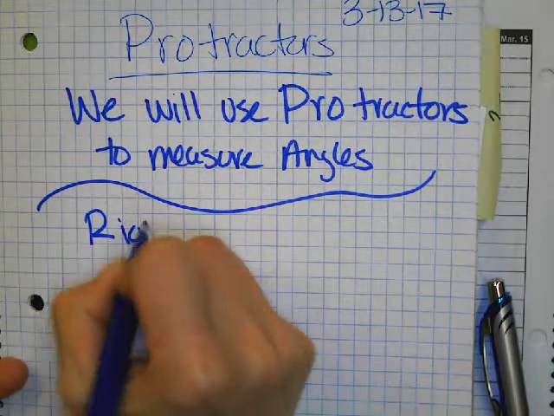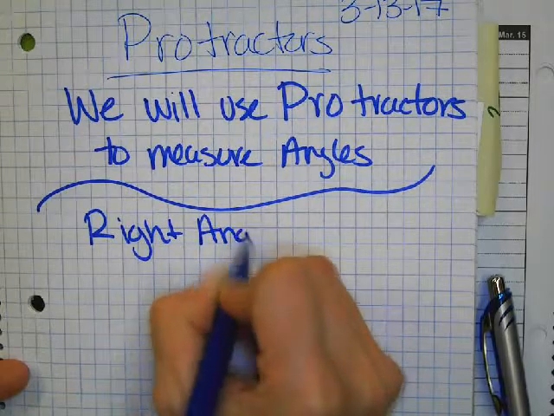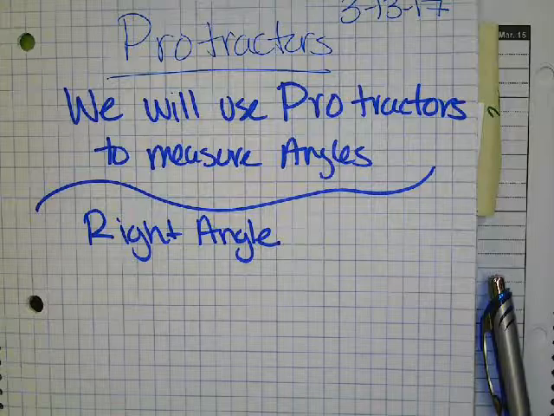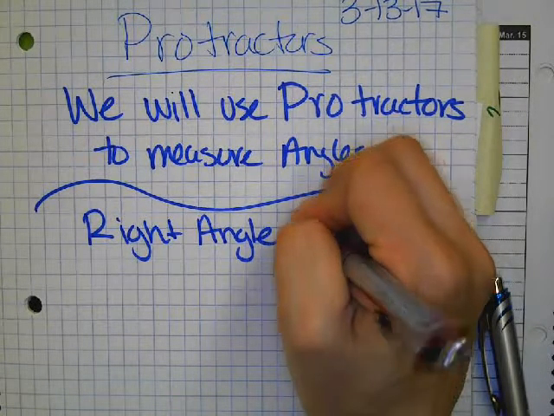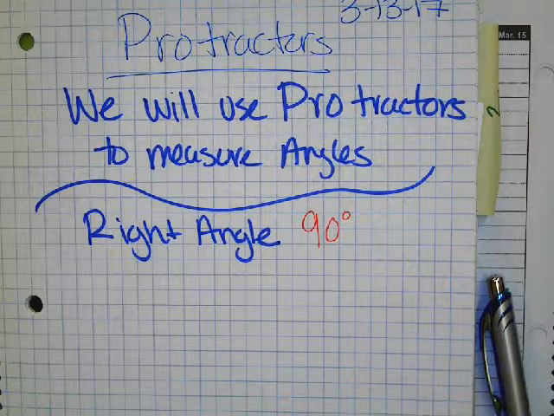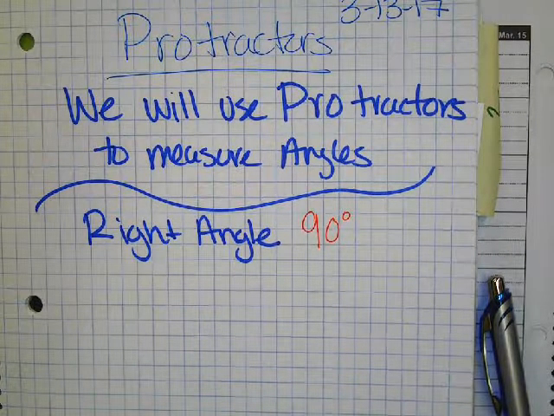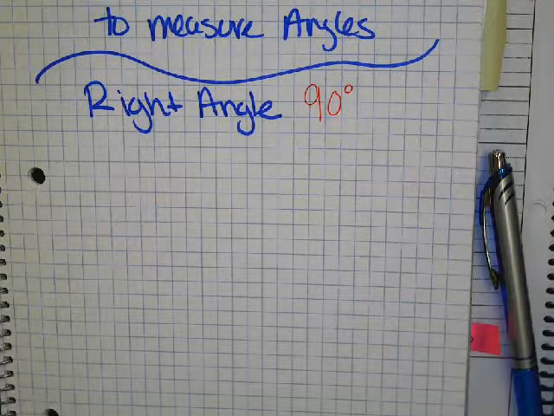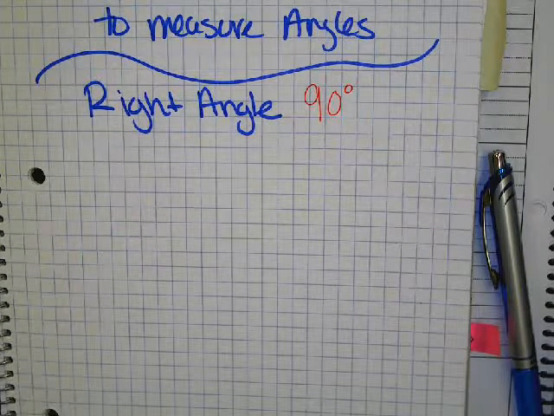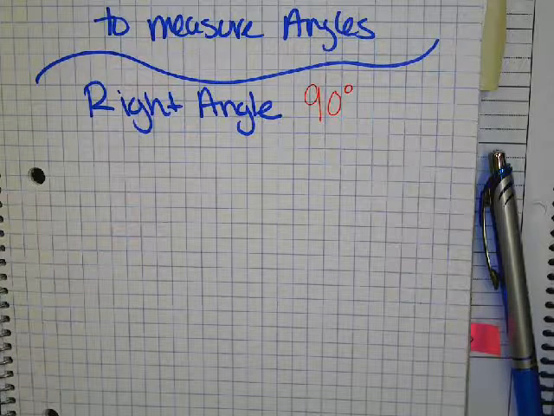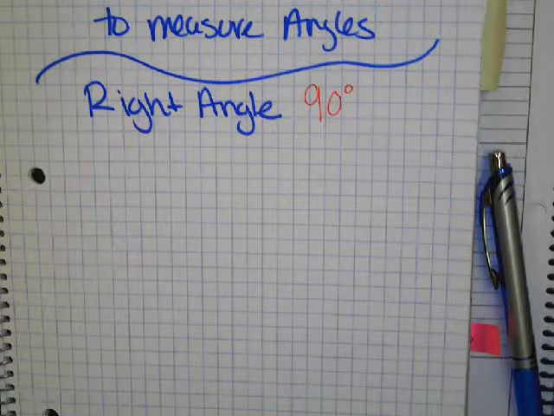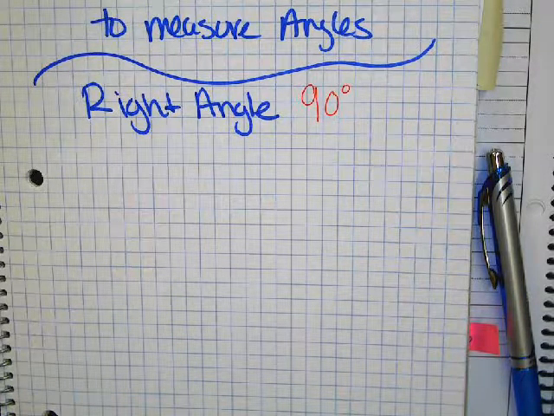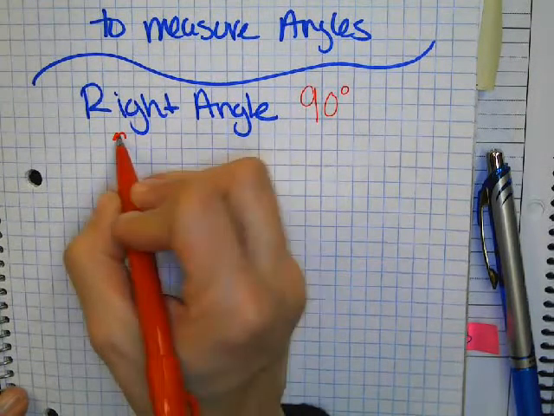Okay, a right angle. Does anybody know what a right angle measures? Kimberly? 90 degrees. Good. Does anybody know what a right angle, 90 degrees, looks like? An L. Good. I like how you guys did that with your hands. Since we have graph paper, we can use the lines on our graph paper to draw a 90-degree angle.